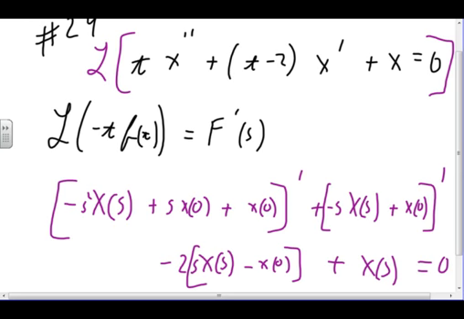Right now, this guy is 0 as an initial condition. This guy is 0 as an initial condition. That guy is 0 as an initial condition. This guy, we don't know what he is. Why is that? Oh, because this is x prime.